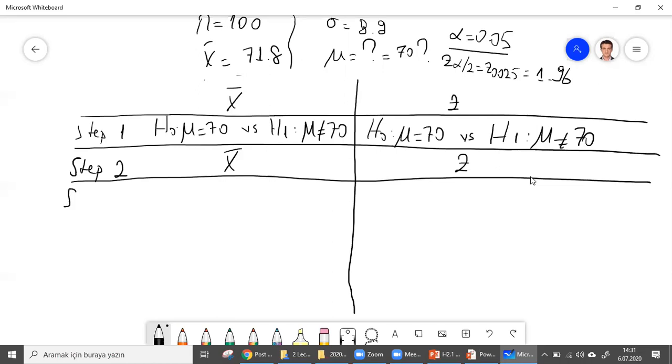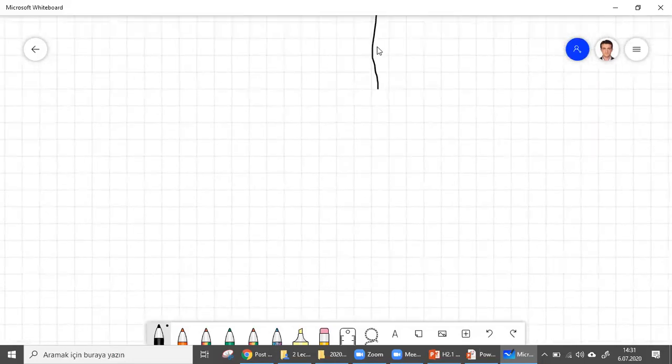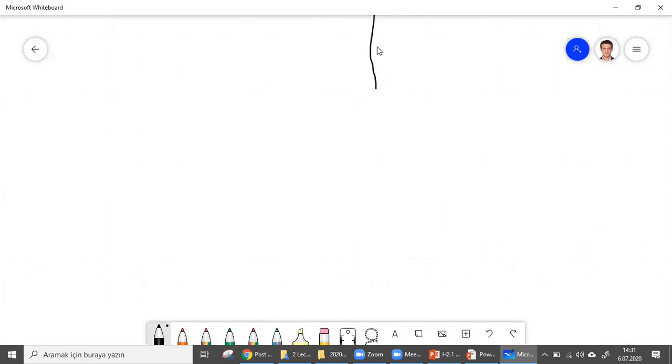So step three: find the critical region. Let me remember how we proceed. This is the distribution of X bar.